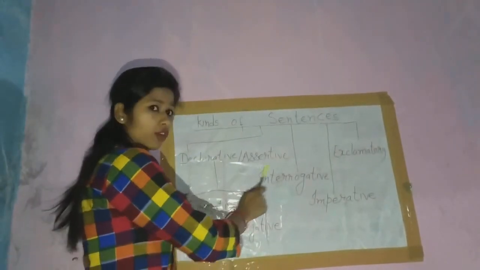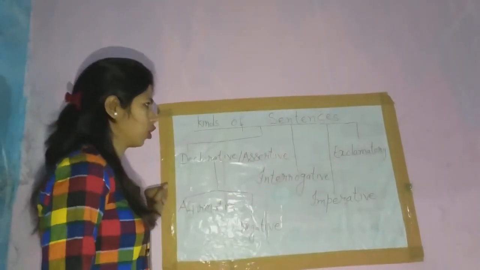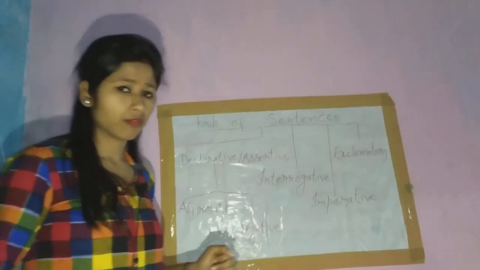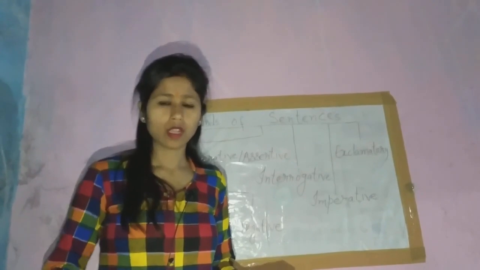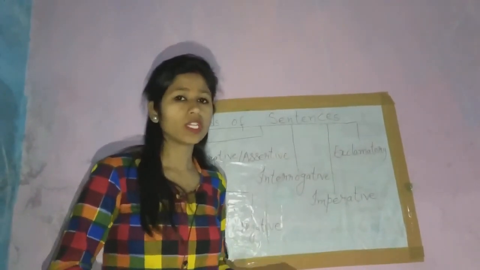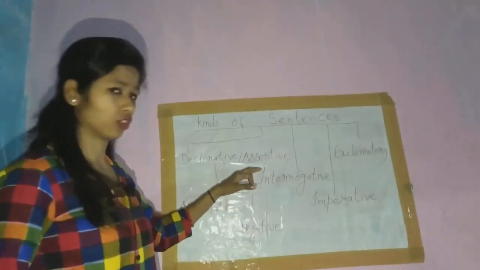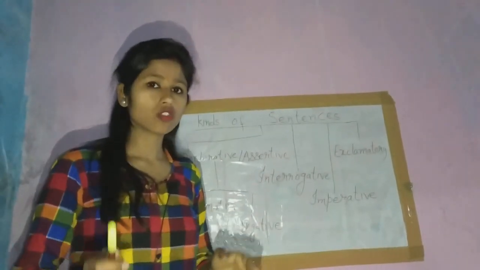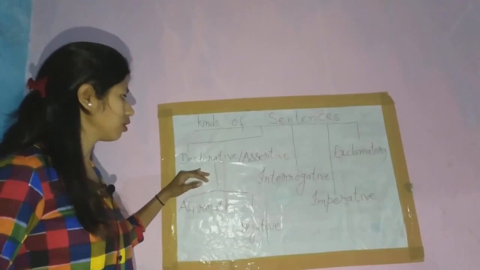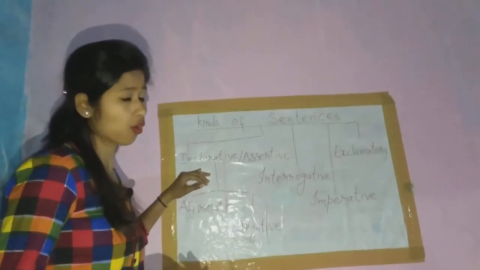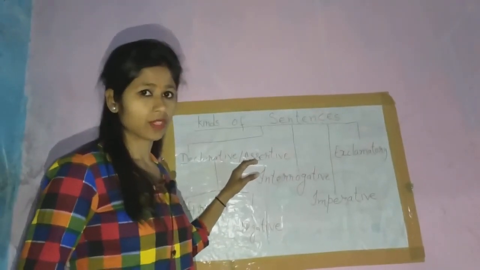So the first one is declarative or assertive sentences. What are declarative or assertive sentences? A sentence which is a statement, an assertion or declaration is called either a declarative sentence or an assertive sentence.